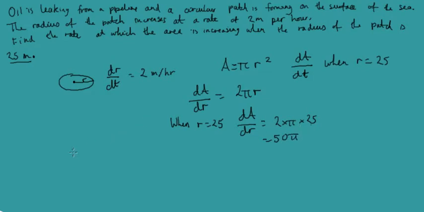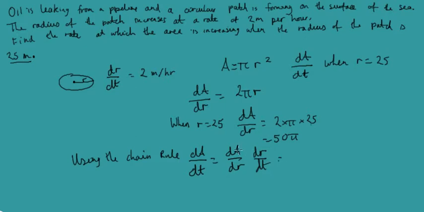Now, using the chain rule, the rate of change of A with respect to time is going to be the rate of change of A with respect to the radius times the rate of change of the radius with respect to time.